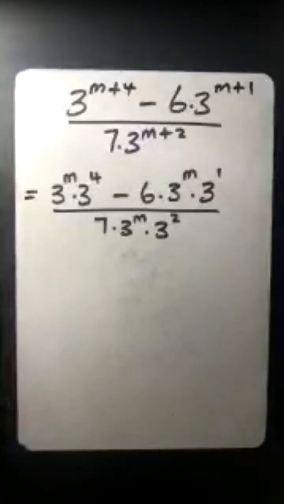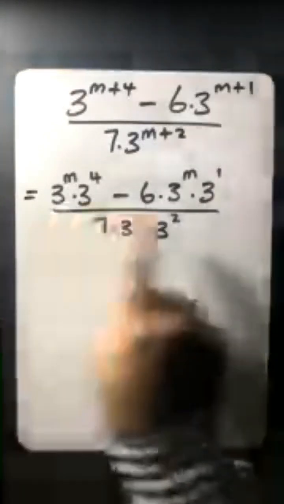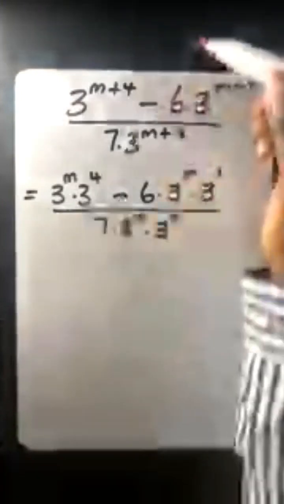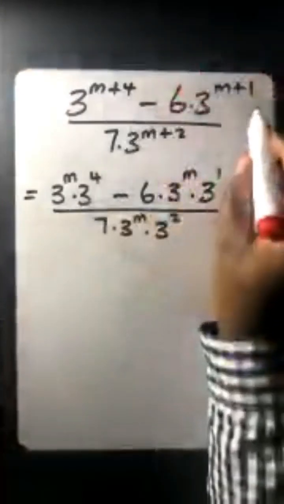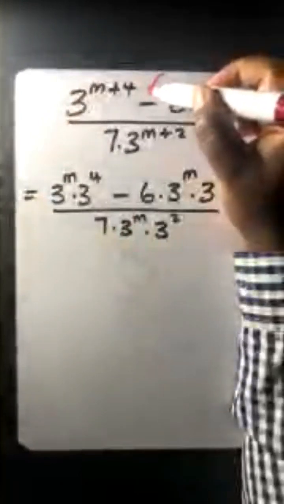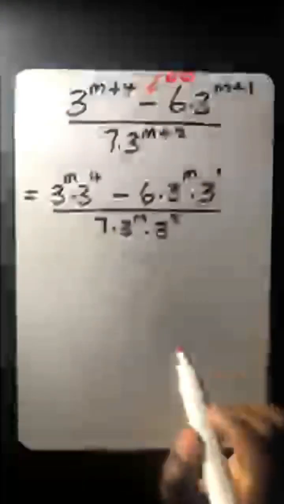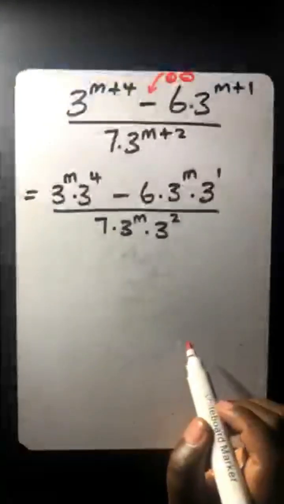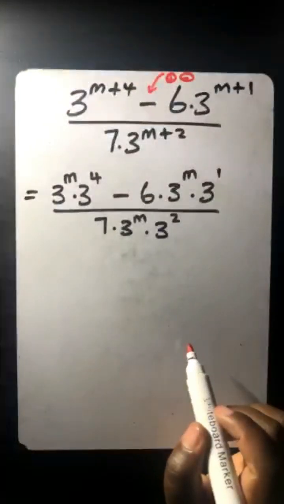Here comes the question. How did I know that I must do that? If you remember, I explained that in most cases where you have a sign of a positive or a negative, you know very well that you're going to take out something as a common factor.